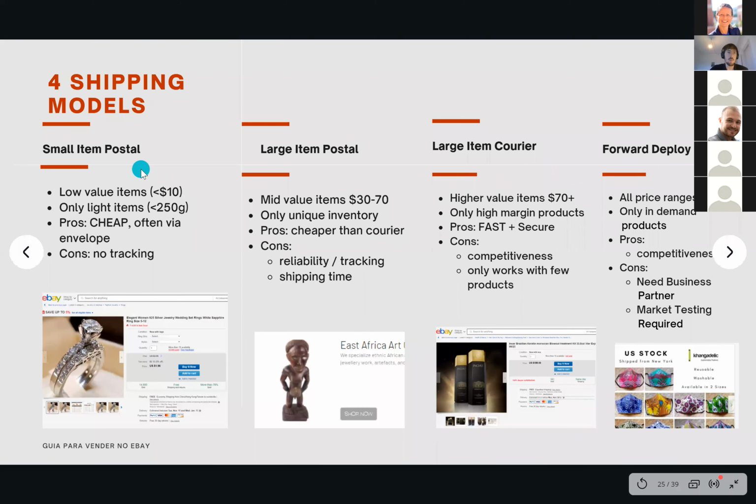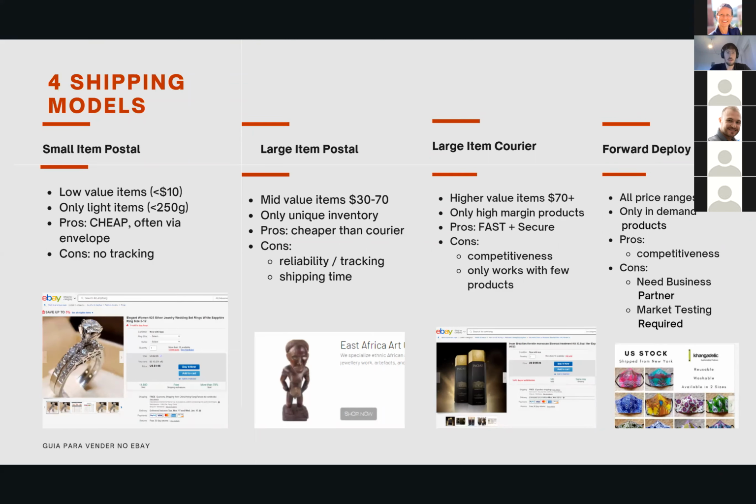So the first shipping model is one that's employed quite often, honestly, by sellers from China. This typically applies to products that are very low value, so less than $10, very low weight, less than 250 grams, and that can usually be shipped actually in an envelope.